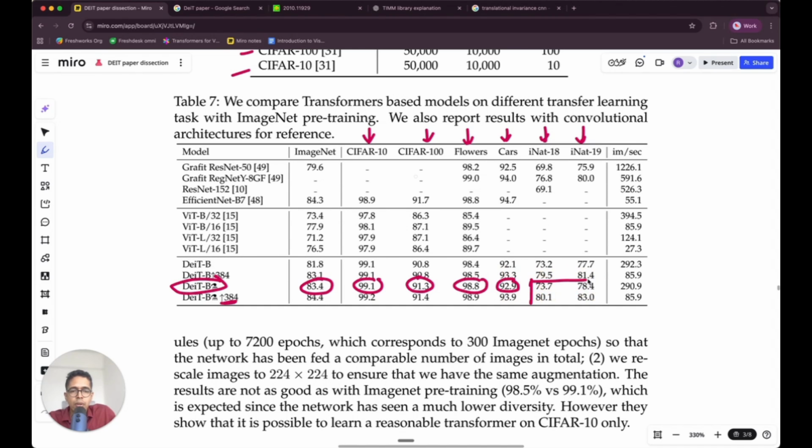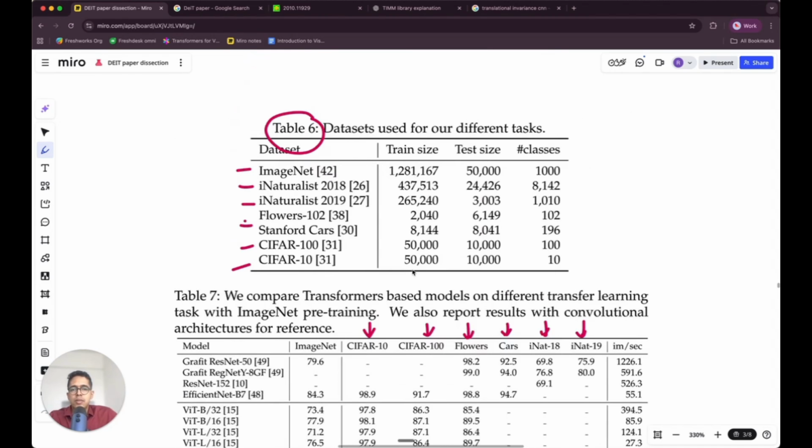You can only compare these against themselves. But look at the images you can process per second, much higher, right? So the clear winners are, in my opinion, the data efficient image transformer with distillation with fine tuning on higher resolution images and without fine tuning. So all these models are really good.